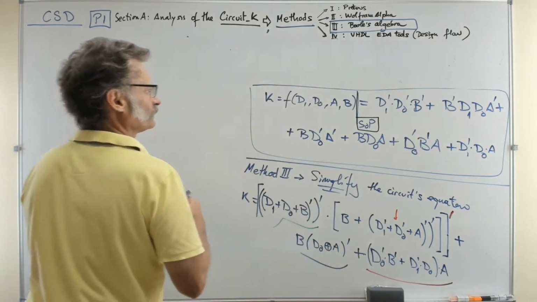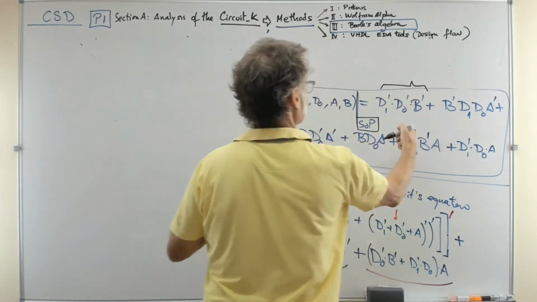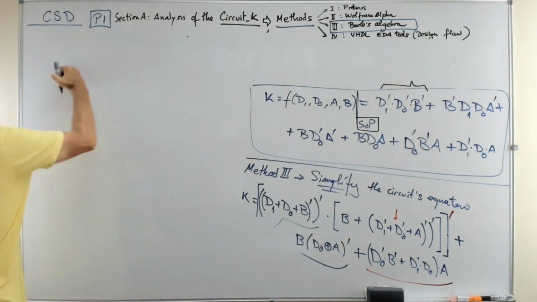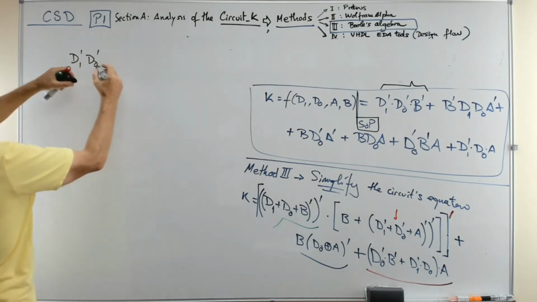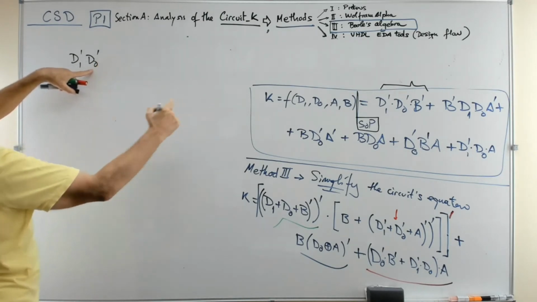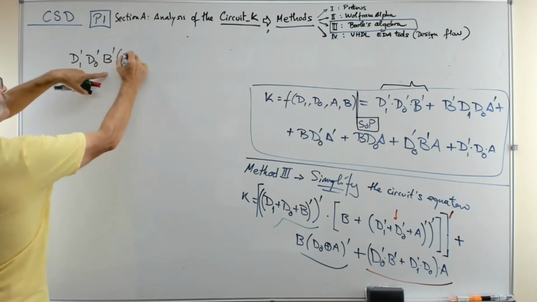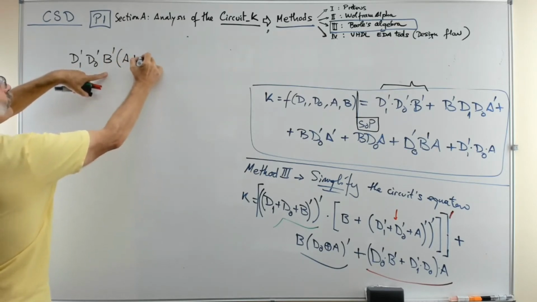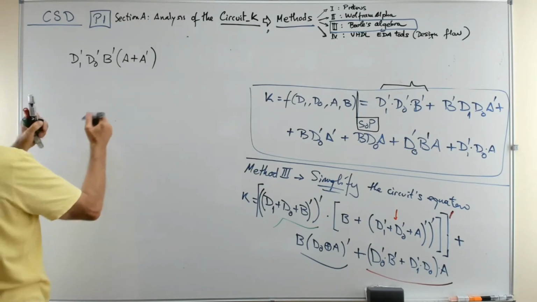For example, this term here happens to be D1 not, D0 not, so the missing variable is the A, so you can say B not and now A, or A not, because this is all the time a 1, right?